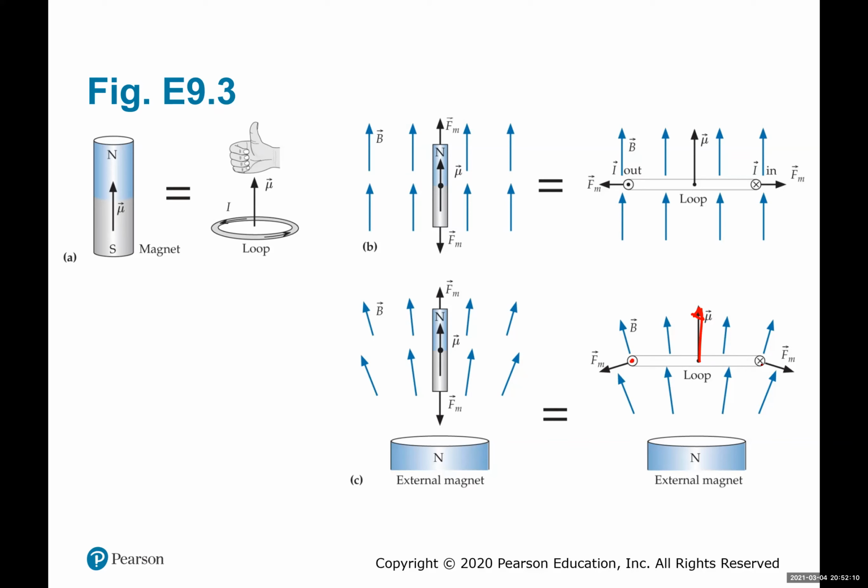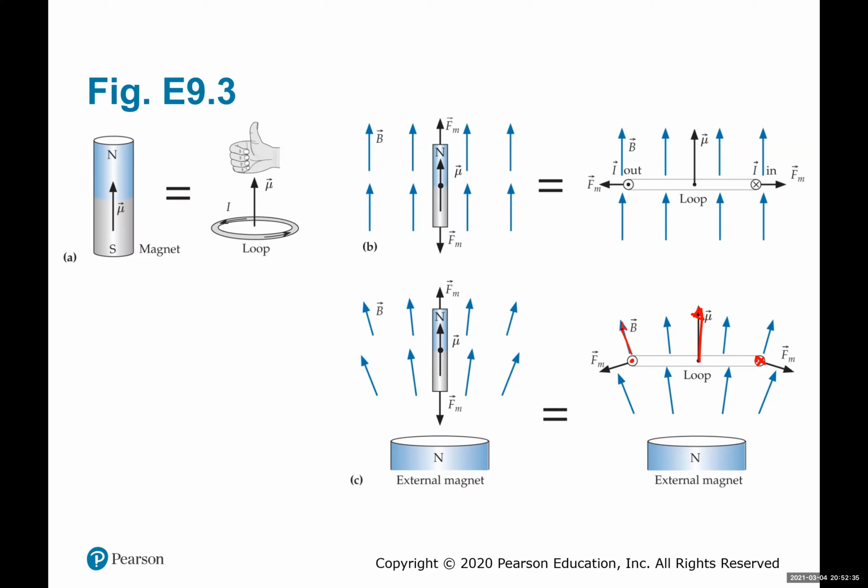Note the dot and the X. That indicates the current coming out. It's coming towards our face on the left and then back in on the right. So if we do that with our hand, curl our fingers in front of our face from left to right, my thumb points up. So the magnetic dipole moment points up. And what's going on?